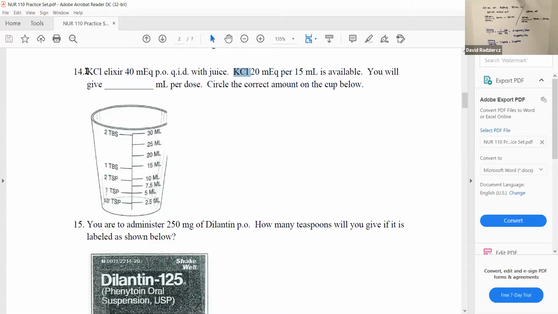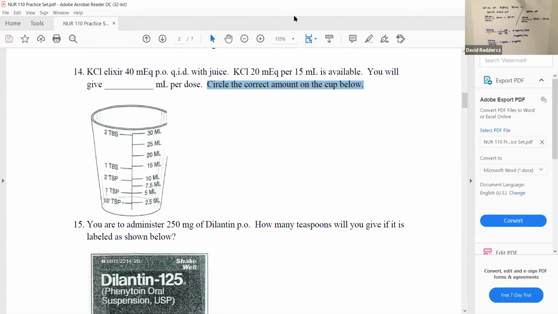So the question here is, this is a suspension, and we need to dose the suspension, and then afterwards, make sure you mark the cup. I don't know how this looks on your actual computer test on Blackboard, but I'm sure there's a way that someone's checking how you're circling or marking your mug.